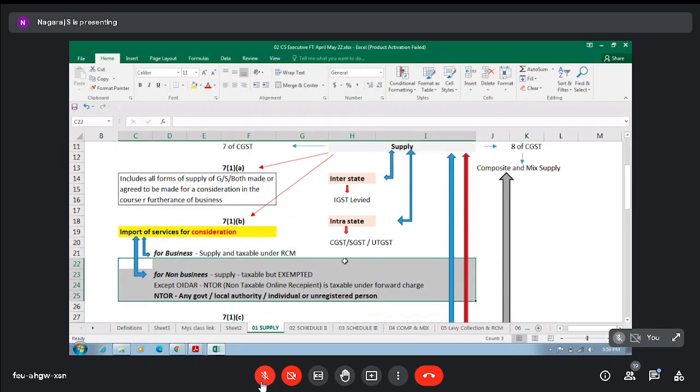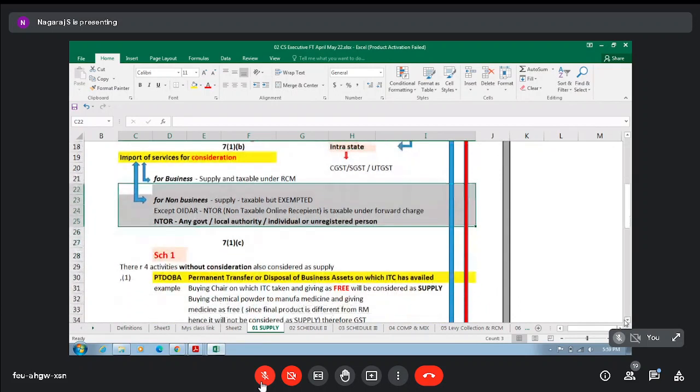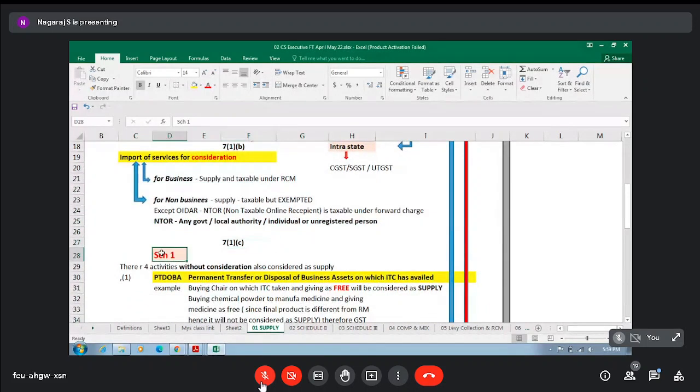Section 7.1b, we learned. Third one, section 7.1c. 7.1c says schedule 1. It gives the reference to schedule 1. Okay, there are 3 schedules. Schedule 1, schedule 2, schedule 3. In schedule 1, there are 4 activities.